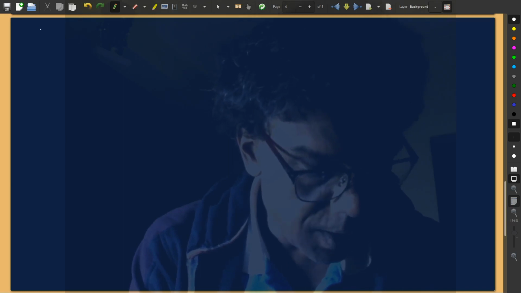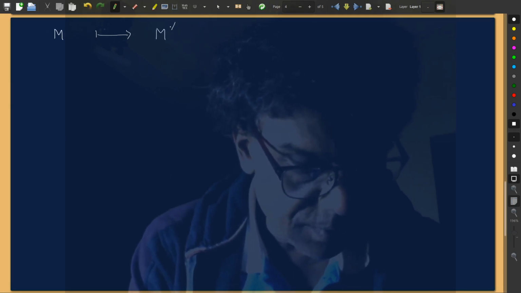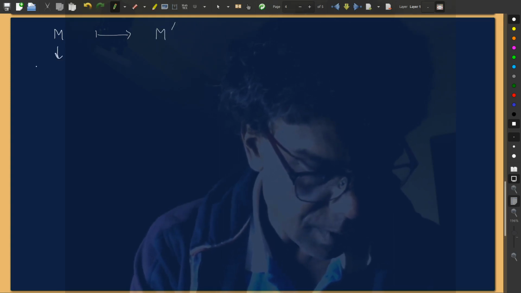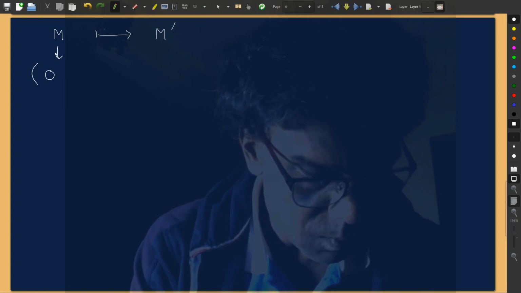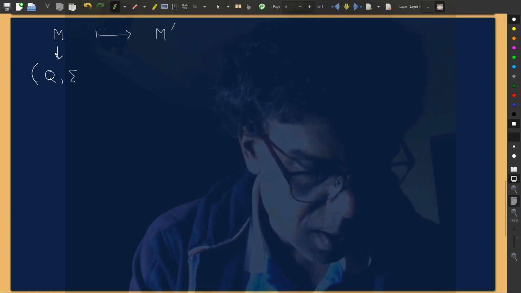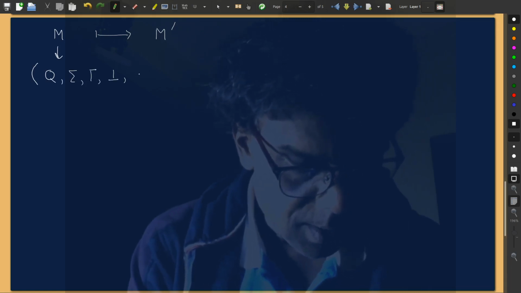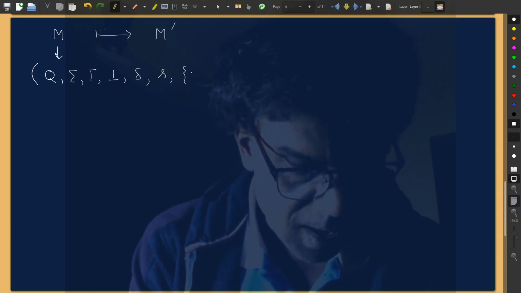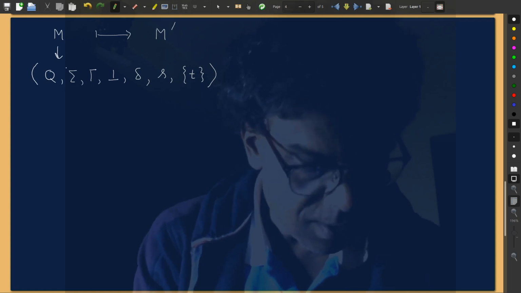So this is step 1, M to M prime. In the last lecture, we have seen that any PDA can be converted to a form which is of this form: some Q, sigma, gamma, some initial bottom marker, then some transitions, there is a start state, and this M accepts both by empty stack and final state.